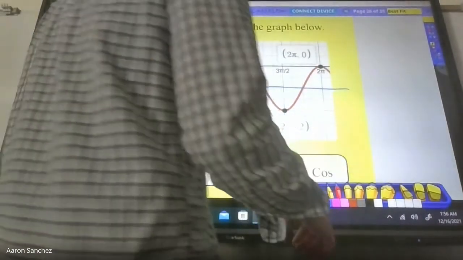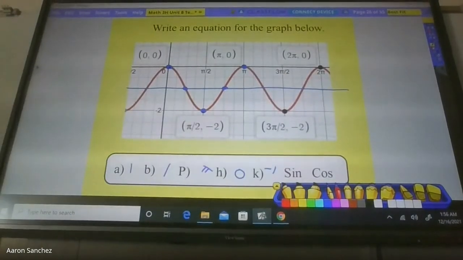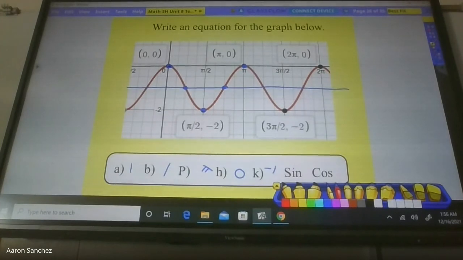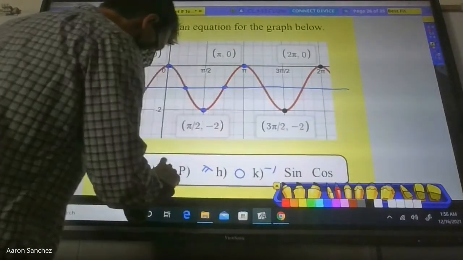B is 2. Let's calculate it out. Pi equals 2 pi over B. Multiply by B on both sides, right? B pi equals 2 pi. Divide by pi. And now my B equals 2. That's a big change.